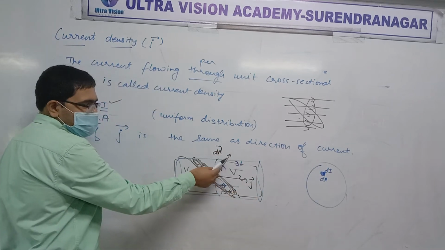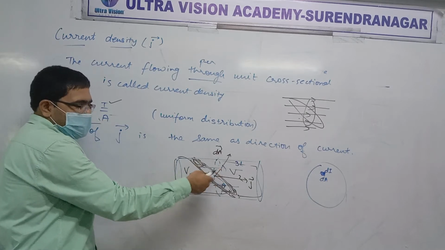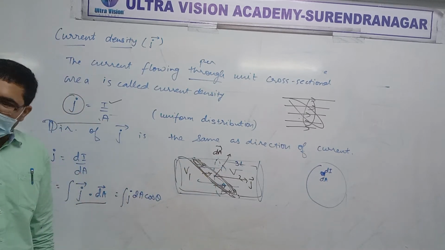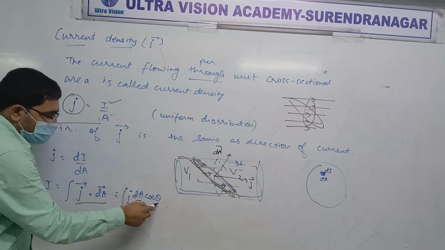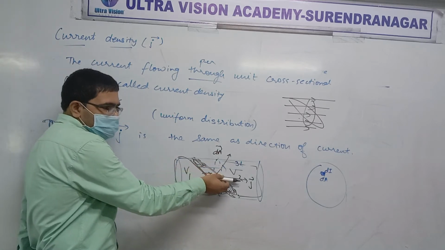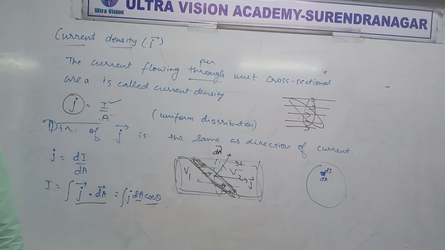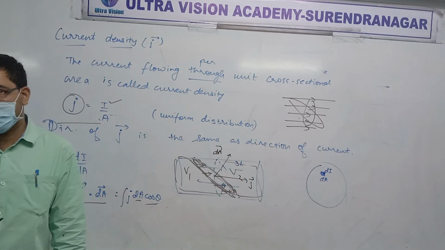As that angle will increase, the area will also increase, but then A into cos theta will remain the same. That's why whether you take theta as 0 or you take theta as 30, the current flowing shall be the same, with one exception, 90 degrees.